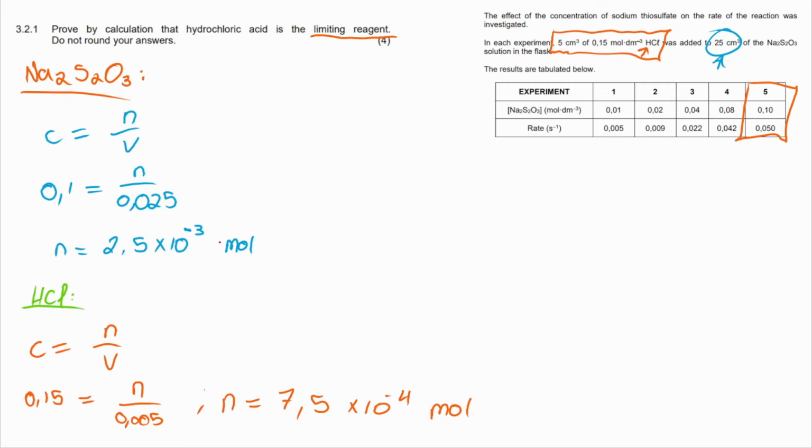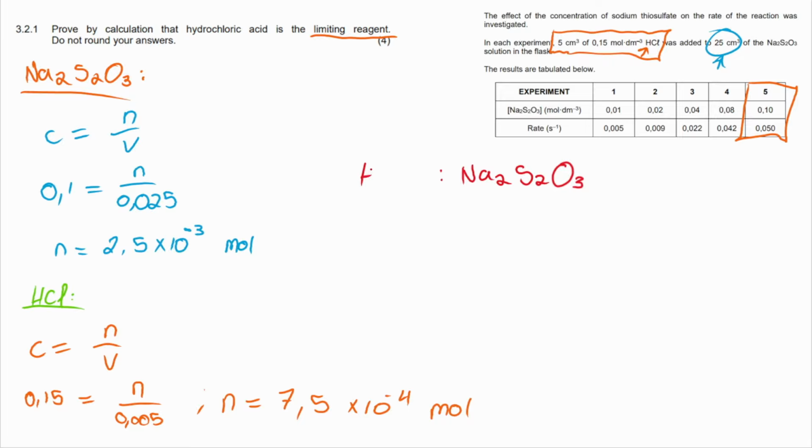Now our second step for limiting is we choose one and compare. Because they say we have to show that hydrochloric acid is the limiting reagent, I'll start with HCl. It does not really matter which one you do, but I just want to do it the other way, and it will work out either way.